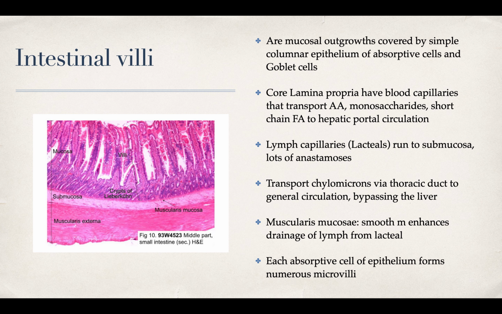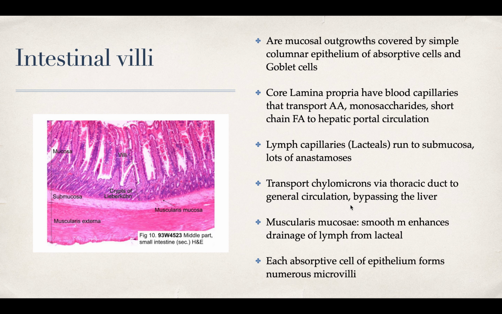And the lymph, or the ducts, are going to run to the submucosa, and those transmit chylomicrons, not just lymph, to the thoracic duct, to the general circulation, and that bypasses the liver, because this has already been processed. Why do you need to process it again?